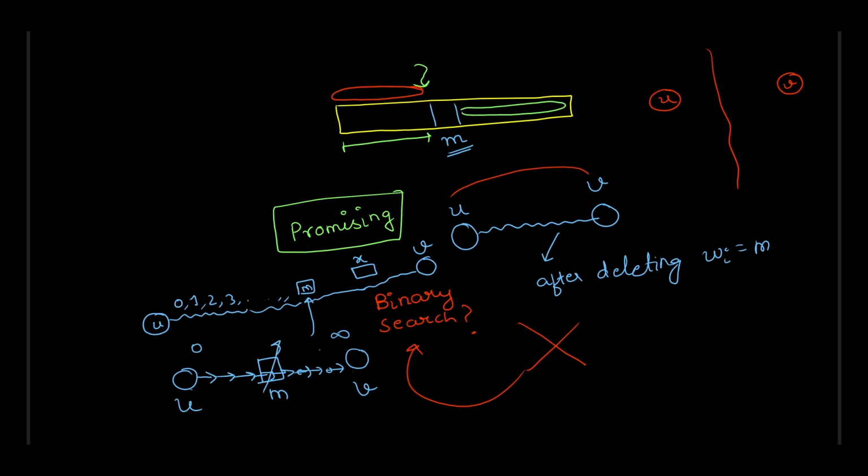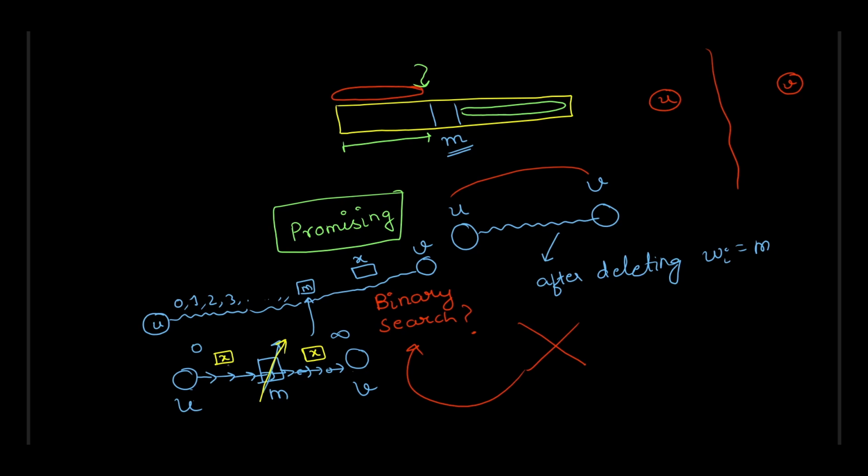And in this case, suppose this was the missing element over here on the right hand side of X. So this is a valid scenario. If the missing element is on the right hand side of X and you disconnect this M, then u and v are not connected anymore. But can the missing element be on the left hand side and still u and v cannot be connected?